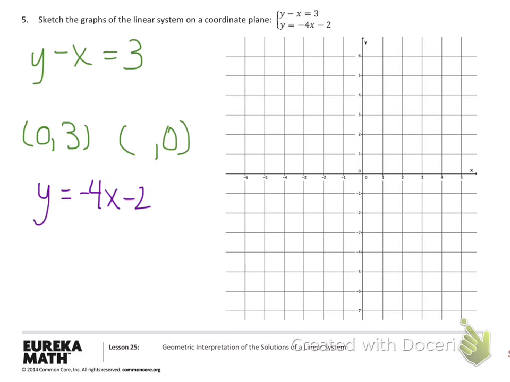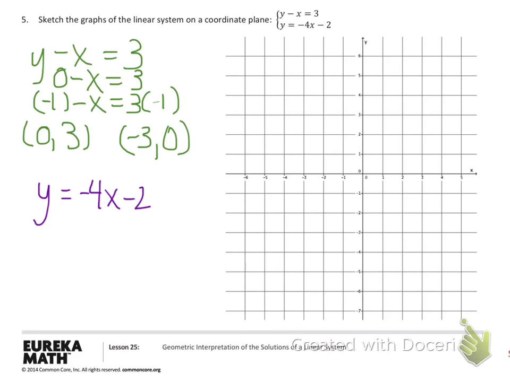So I would have 0 minus x is equal to 3, so this would just be negative x equals 3. And if I multiply both sides by negative 1, then I get that positive x is equal to negative 3.